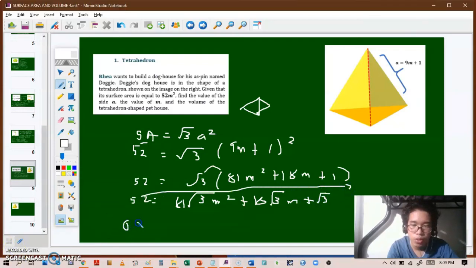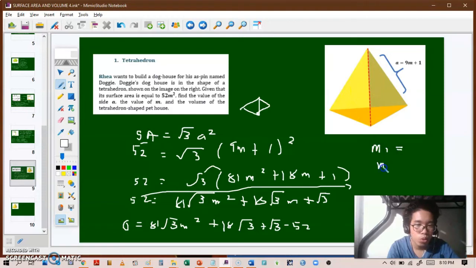So that will be 0 is equal to 81 square root of 3 m squared plus 18 square root of 3 m plus square root of 3 minus 52. And from there, again, you can use your calculator to solve for the roots of m, and that will be m sub 1 and m sub 2 equal to 0.50 and negative 0.72.